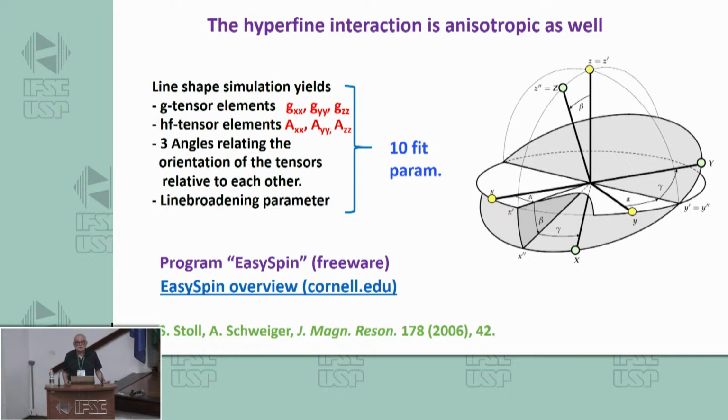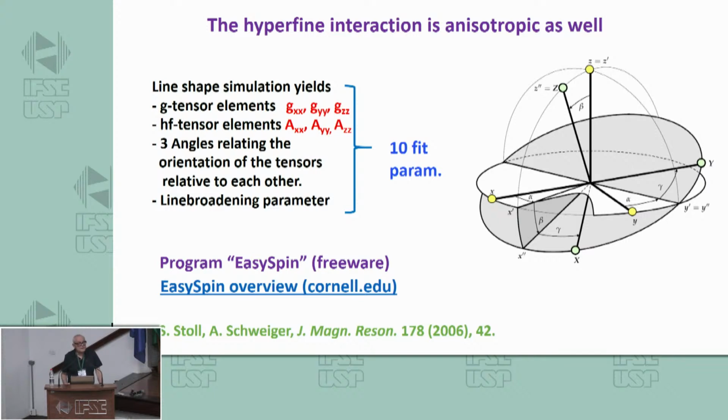Okay. Now, to complicate matters a little bit more, in a solid state, the nuclear hyperfine interaction is also anisotropic. So it also needs to be described by the 3 principal components of a tensor. And then the 2 tensors are not necessarily coincident.